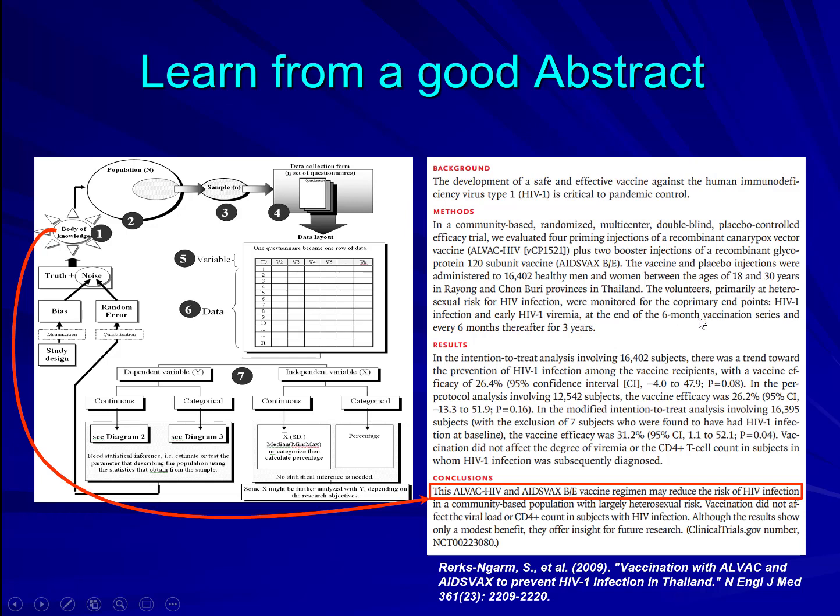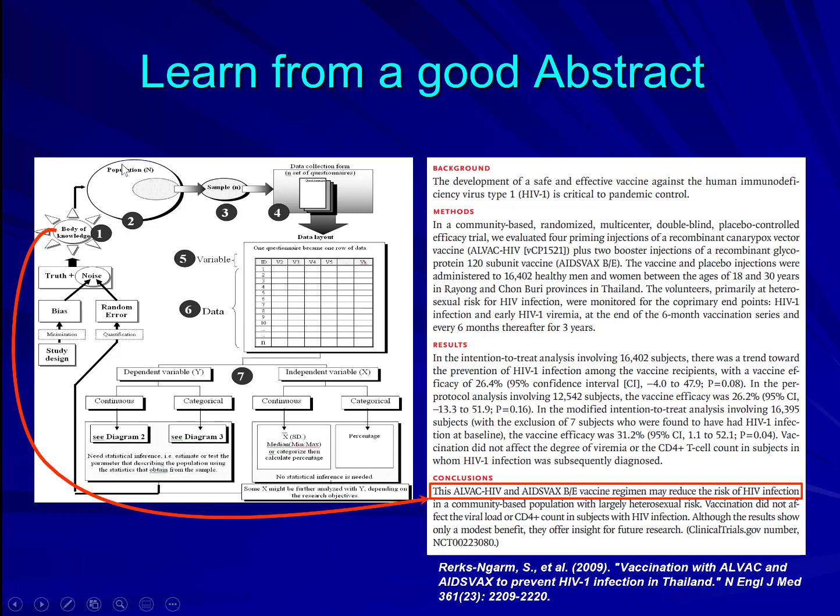Then it compares the rate of HIV infection between the two groups. But that rate is not just the difference; it is compared with the baseline, giving the vaccine efficacy, or how many percent are prevented by the vaccine. Then it concludes that this vaccine may reduce the risk of HIV infection.